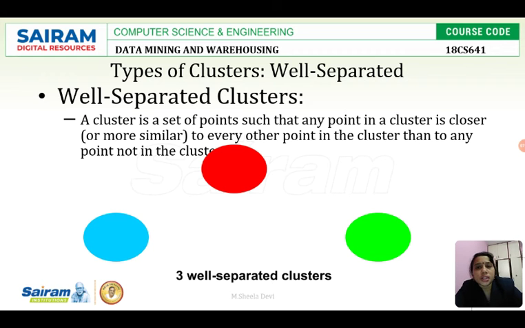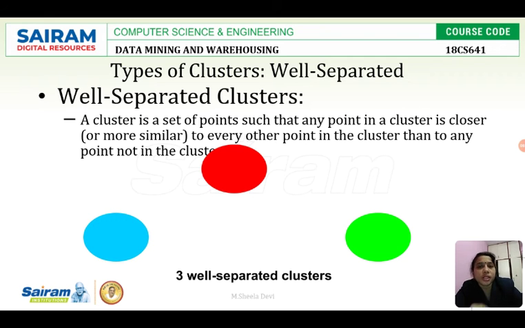So here the cluster is a set of points such that any point in the cluster is closer to every other point in the cluster. So they will be separated by the cluster. The points will be in the cluster and every cluster will be separated. What is a cluster?